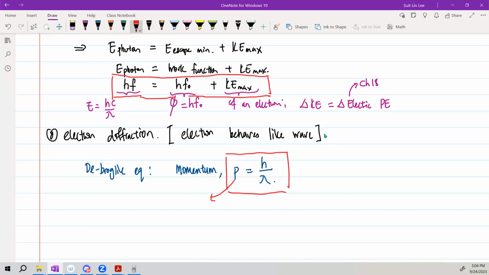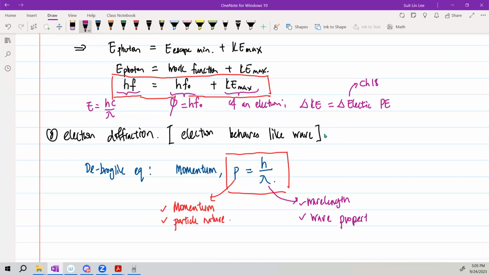Because on one side, you have momentum, which is a particle nature. You need to have mass to have momentum. Then you have wavelength, which is obviously a wave property.